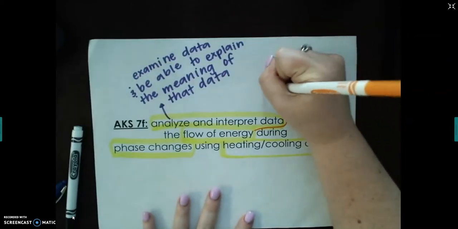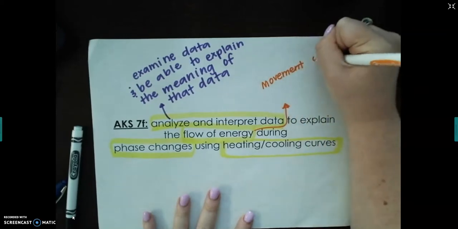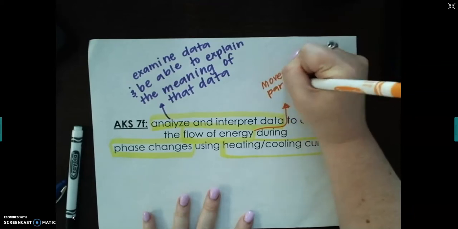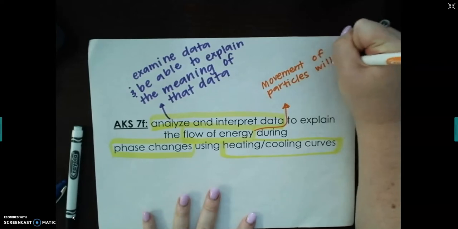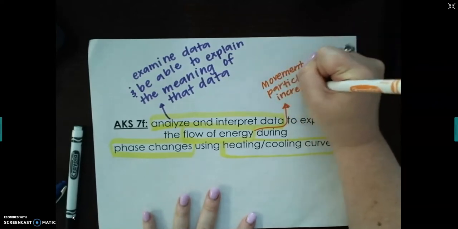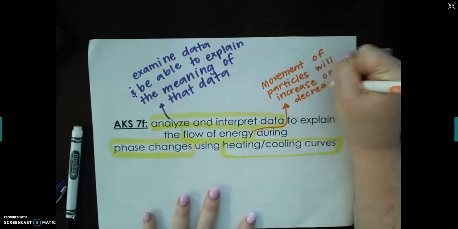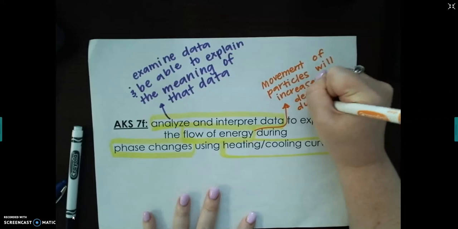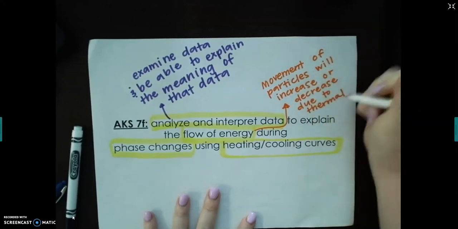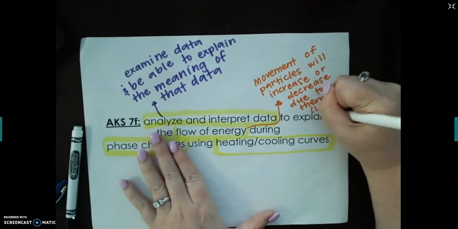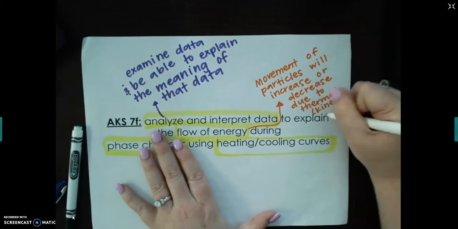So I'm going to write the movement of particles will increase or decrease due to thermal, and I'm going to put in parentheses, kinetic. We know thermal energy is kinetic because those particles are moving as that thermal energy is applied.